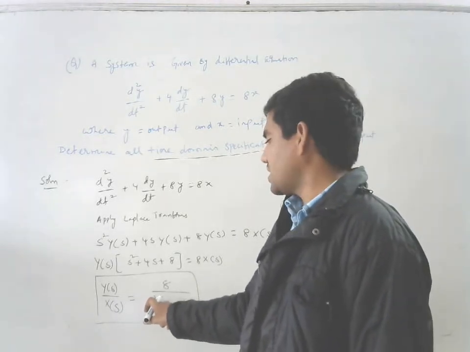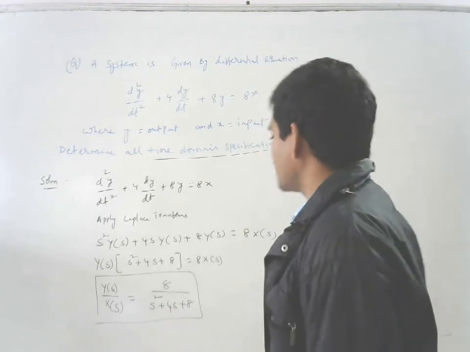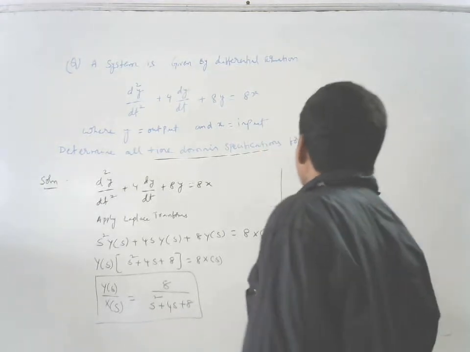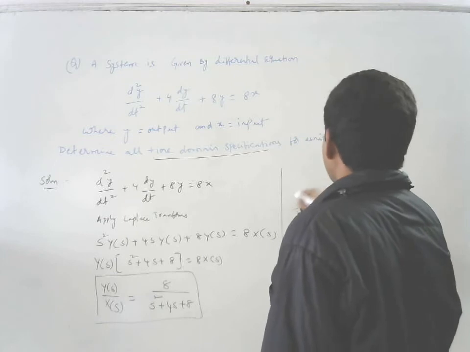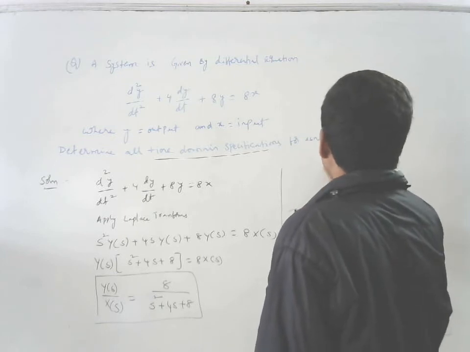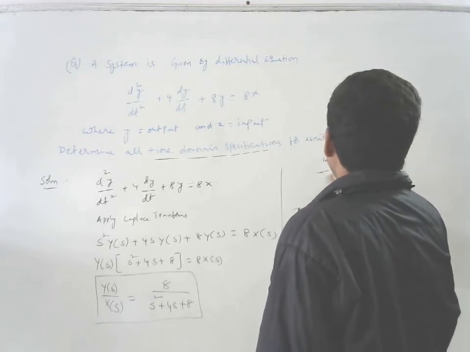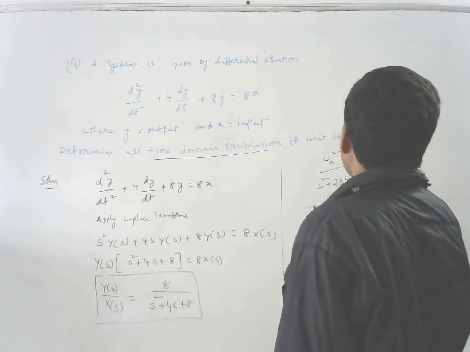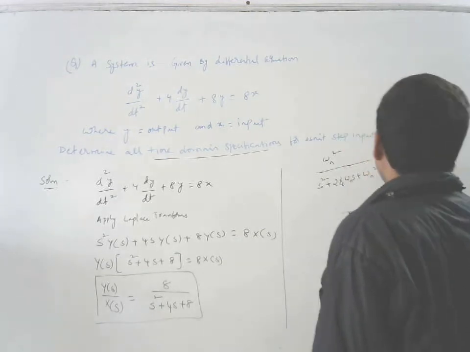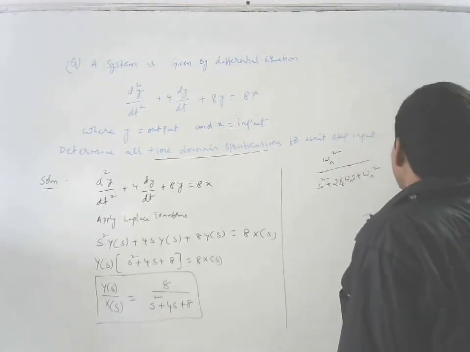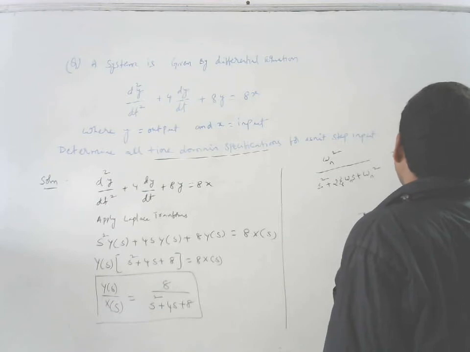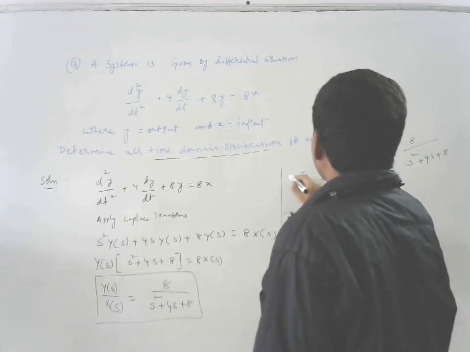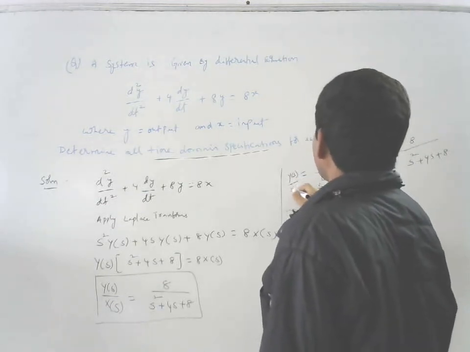So this is second order. Now we need to compare this equation with omega n square by s square plus 2 zeta omega n s plus omega n square. Now this is 8 by s square plus 4s plus 8, which is equal to y of s by x of s.